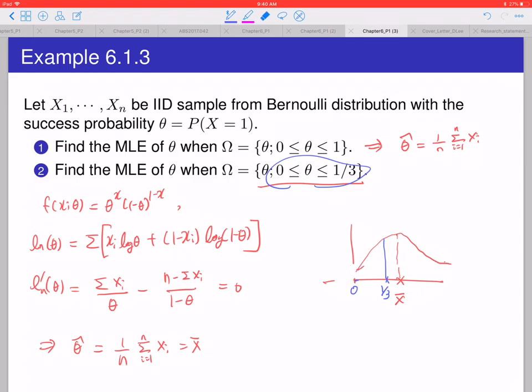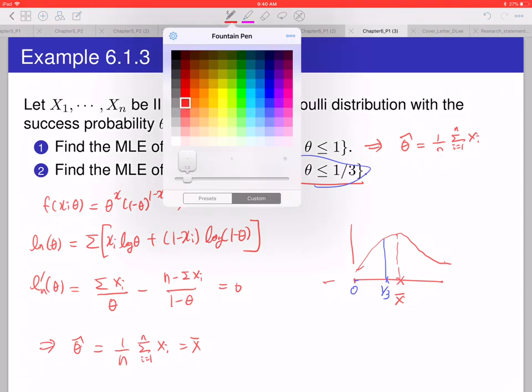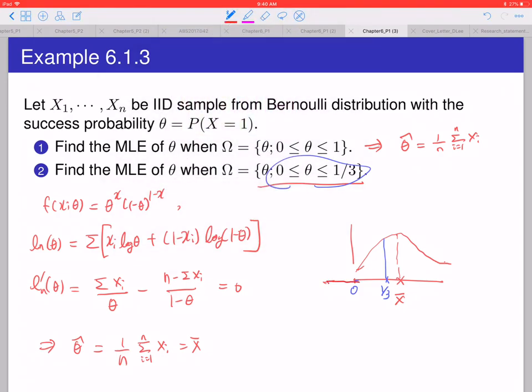To be rigorous, if x is 0, you have a very small number, but the parameter space is between 0 and 1.